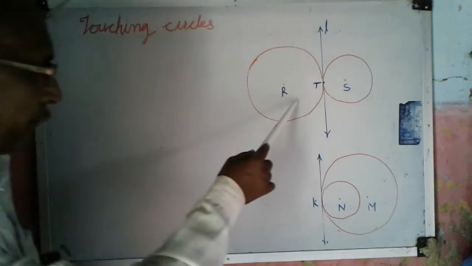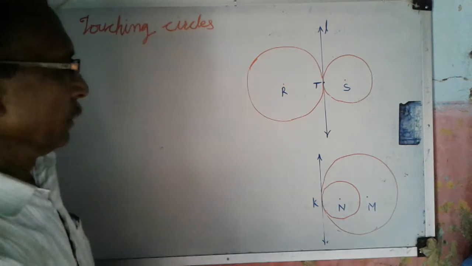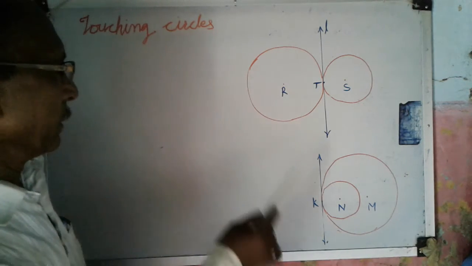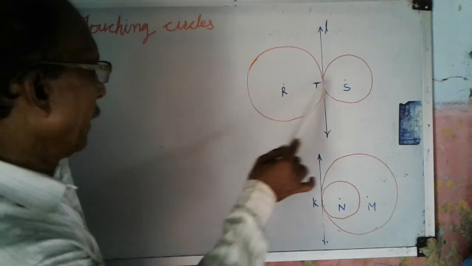Now see here, in first figure, two circles are there with centers R and S.